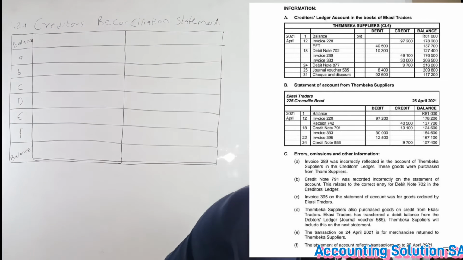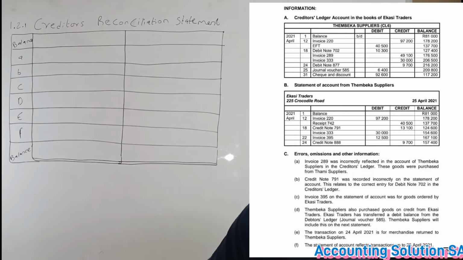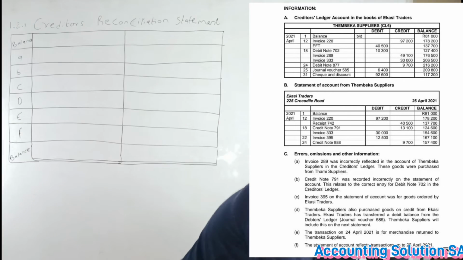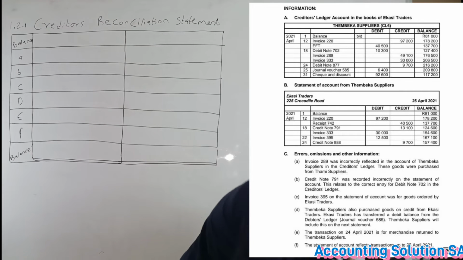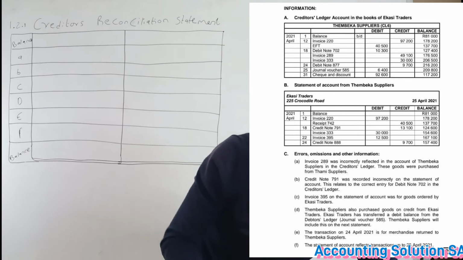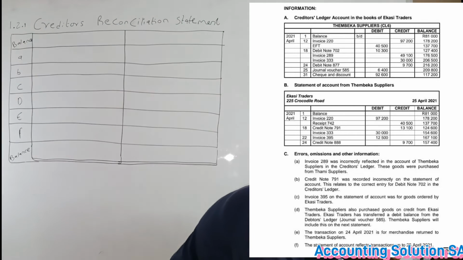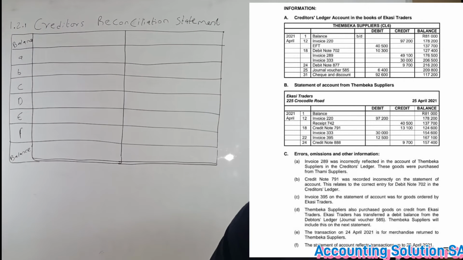These goods were purchased from Tami supplier, which means that Tami supplier is a third party, because in this case we are dealing only with Tembeka and Ekazi traders, our business with Tembeka supplier. If we find any other entities included, what do we have to do? We have to cancel those entries.